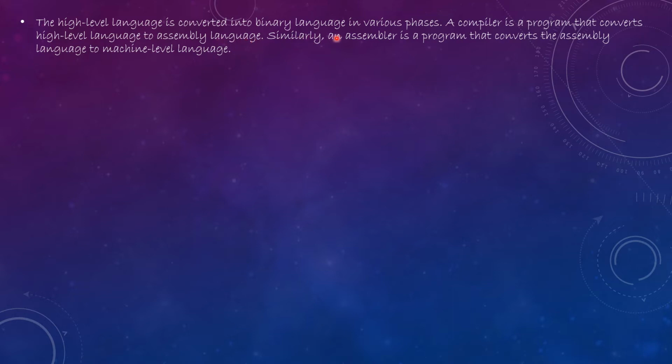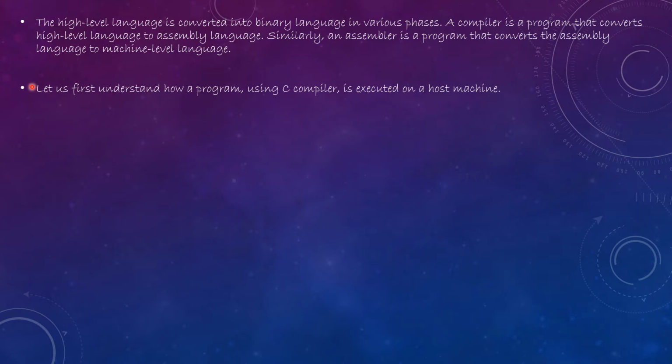Similarly, an assembler is a program that converts assembly language to machine level languages. So you can see the compiler converts high level language to assembly languages, and the assembler converts the assembly language to machine level languages.